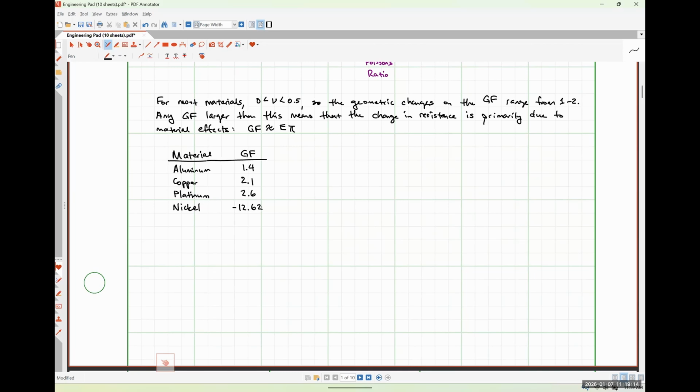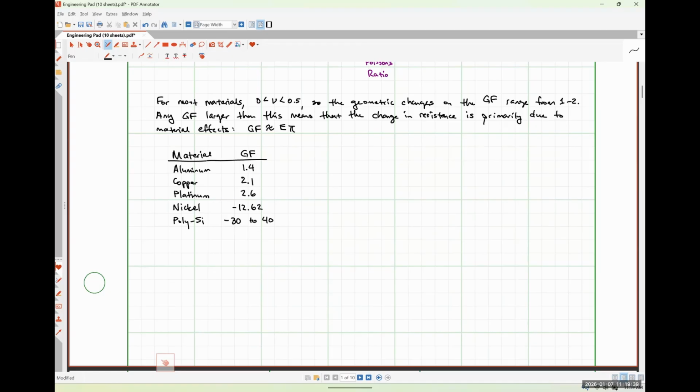Okay. Getting into materials that we might use for MEMS devices, polycrystalline silicon, which I'm just going to abbreviate as poly-Si, has a gauge factor ranging anywhere between negative 30 up to positive 40, depending on what crystal direction we're looking at. So that is a pretty huge gauge factor.